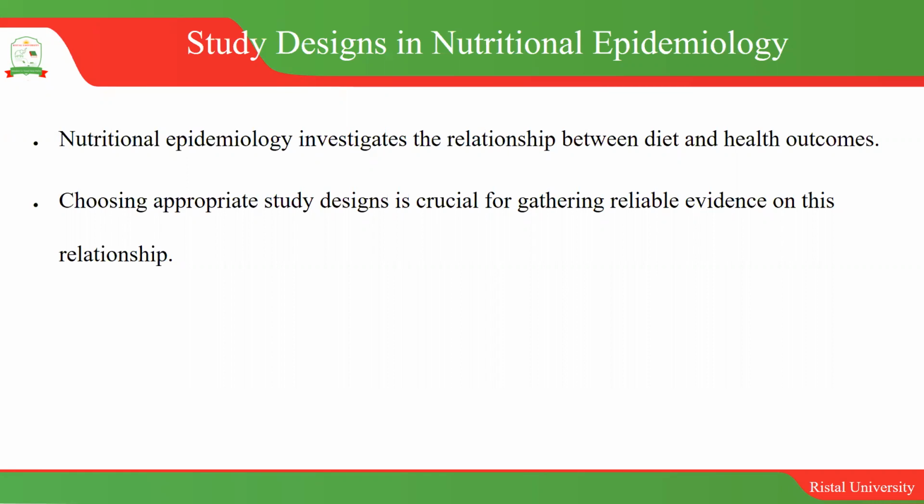So we have a variety of research designs that we can use to generate answers, or basically to generate evidence for the existence of a relationship between diet and the health outcome of interest.